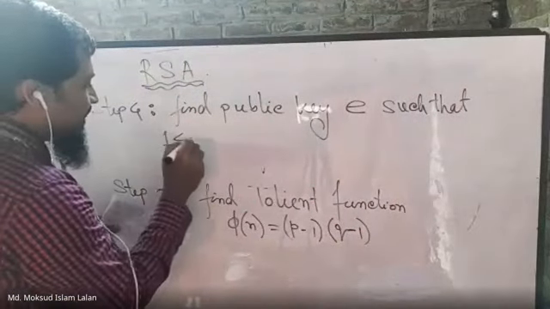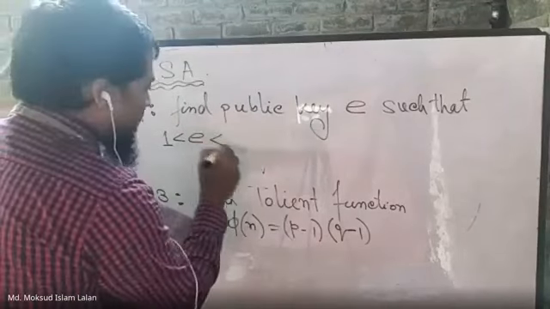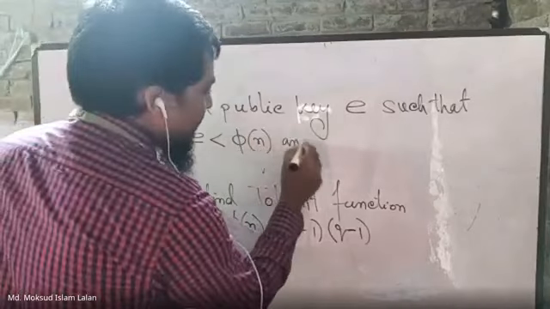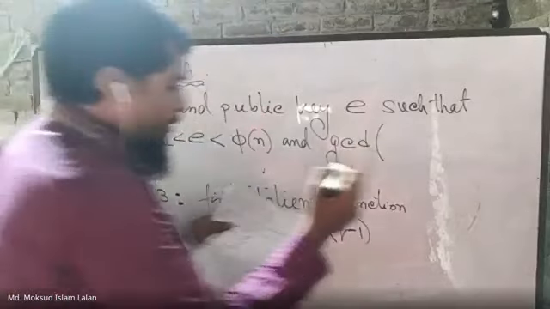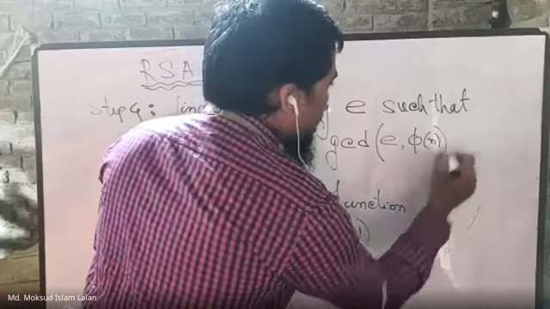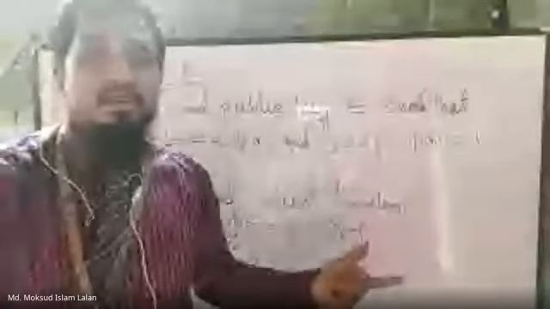E must be greater than 1 and must be less than the totient function. Do you understand, dear student? And the GCD of E and phi of n is equal to 1. I mean co-prime. Do you understand? There will be no common factor. GCD 1 means there is no common factor.